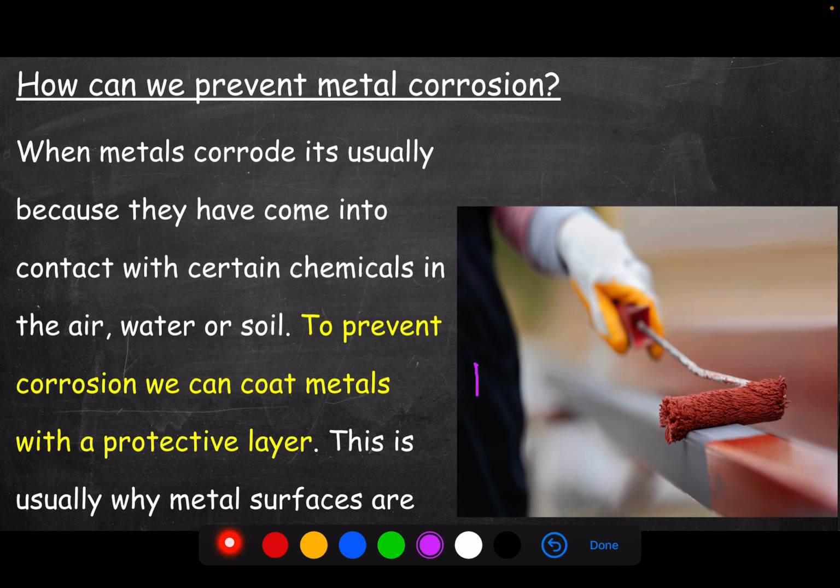We usually paint over metals like you see in the picture image over here, and this protects the metal underneath the paint from the atmosphere, the air, which has the chemicals that can cause corrosion.